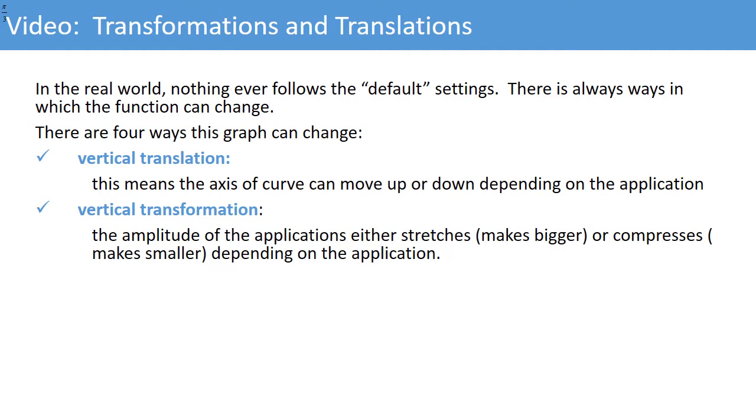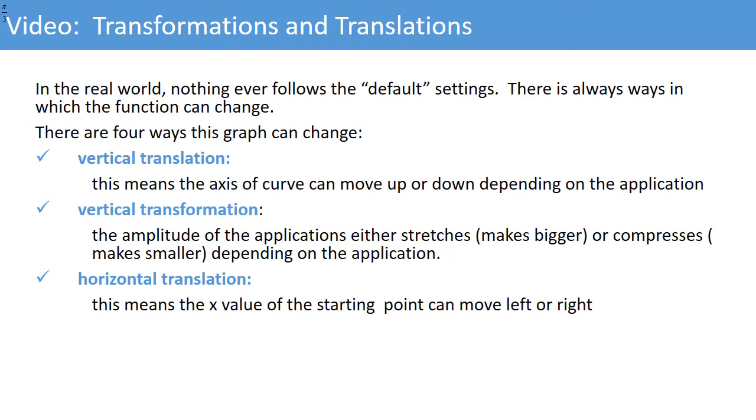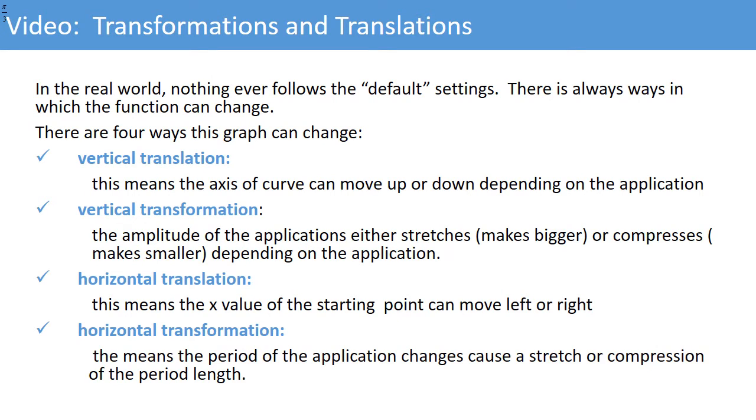The amplitude of the application either stretches, which gets bigger, or compresses, which makes it smaller, depending on the application. Horizontal translation. This means the x value of the starting point can move left or right. Horizontal transformation. This means the period of the application can either stretch or compress, which will change the period length.